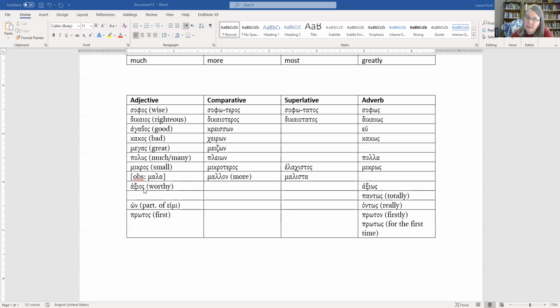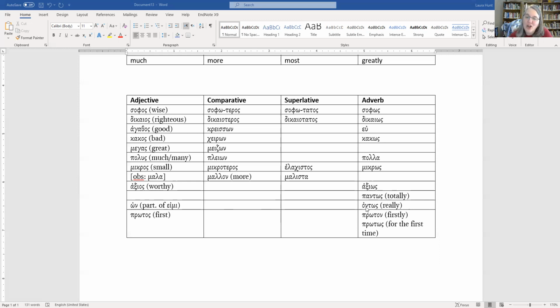Axios is actually a really important word. You'll run into this a lot in the New Testament. Axios for worthy and axios for worthily. Pantos is, as you can imagine, from panta, and it means, I know that Duff translates it as by all means, but if you think of totally, even with the sort of California American expressions, totally, I can't do the accent, but it has to do with absolutely, by all means, definitely.